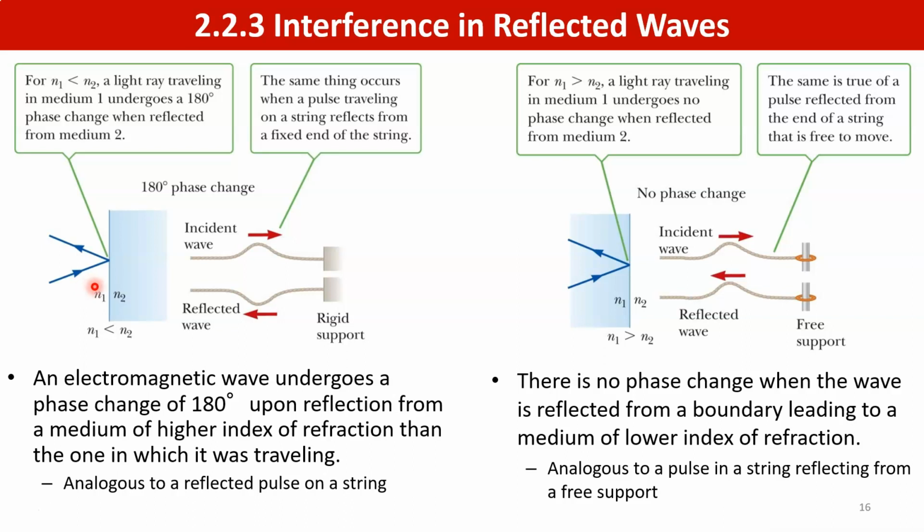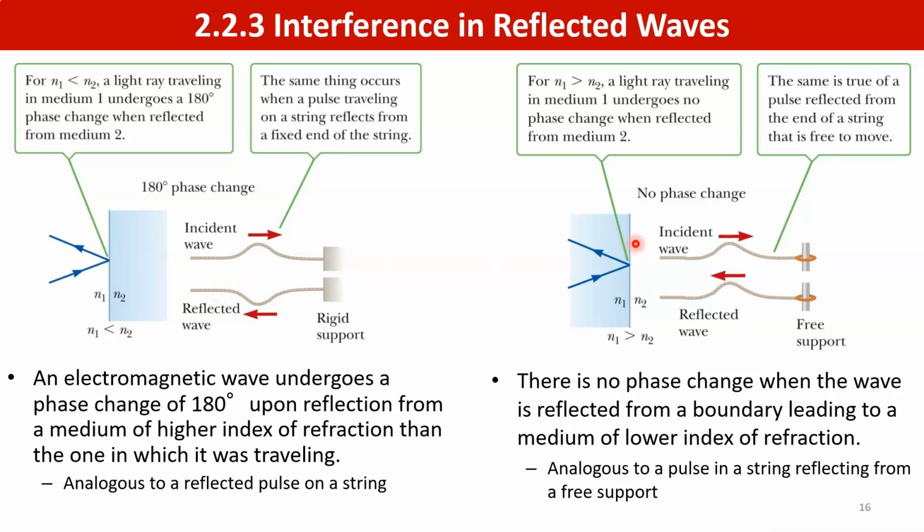A light ray traveling in medium 1 undergoes a 180 degree phase change when reflected from medium 2, similar to a pulse traveling on a string that reflects from a fixed end of the string. This is the incident wave, this is the reflected wave, so the incident and reflected waves will have a 180 degree phase difference.